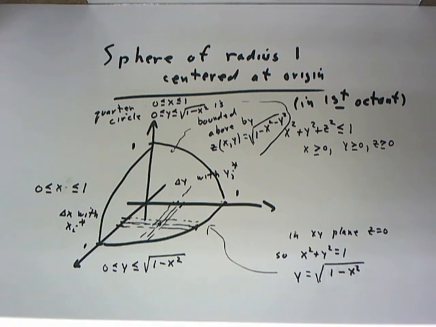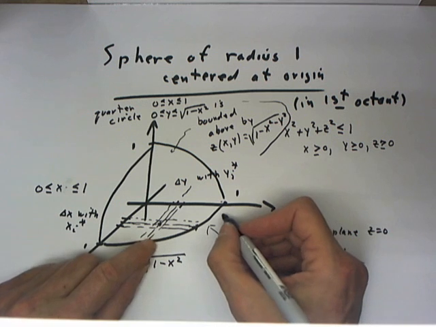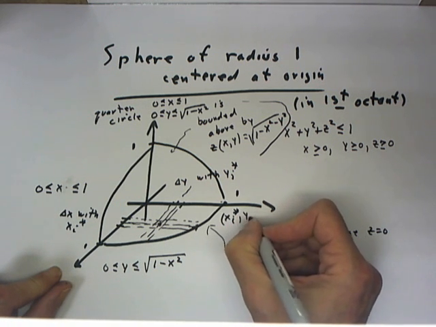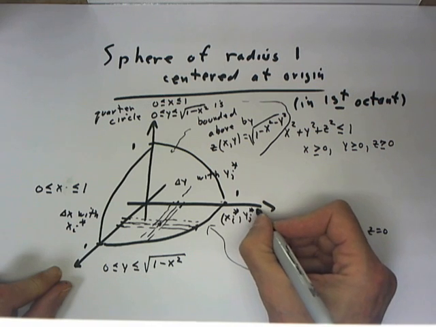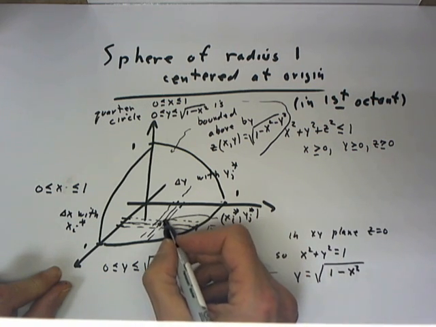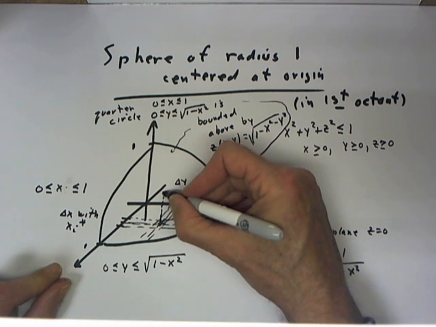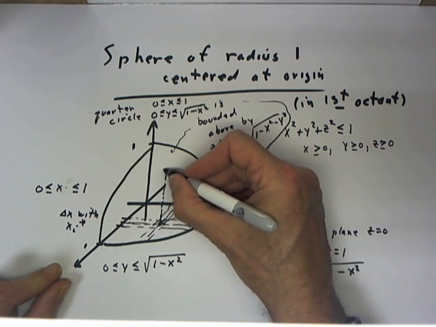So above the point xi star, yj star, which I should probably label, how high can we go? We go up here until we hit the surface.